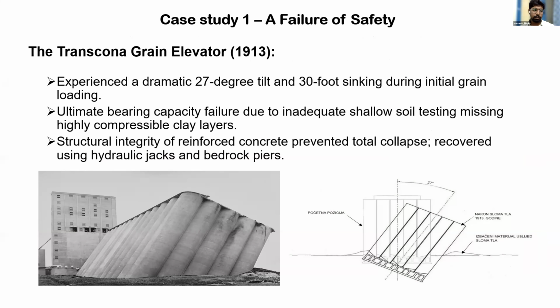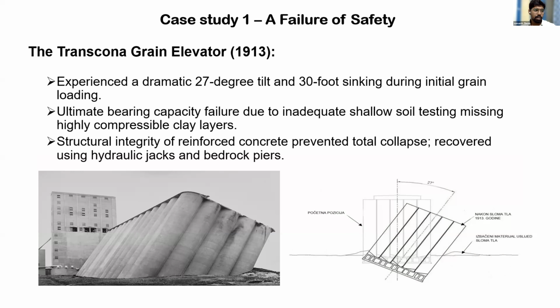In the first case study, the Transcona grain elevator built in 1933 is a textbook example of ULS failure. Here, as we can see, the structural integrity is good, but the geotechnical part fails. It sank with a dramatic 27-degree tilt and sank 30 feet into the ground.